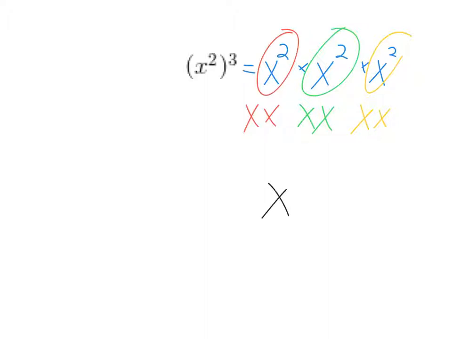So my base is still x, and I've got 1, 2, 3, 4, 5, 6 of them. So it's x to the 6th power. So x squared raised to the third power is x to the 6th.